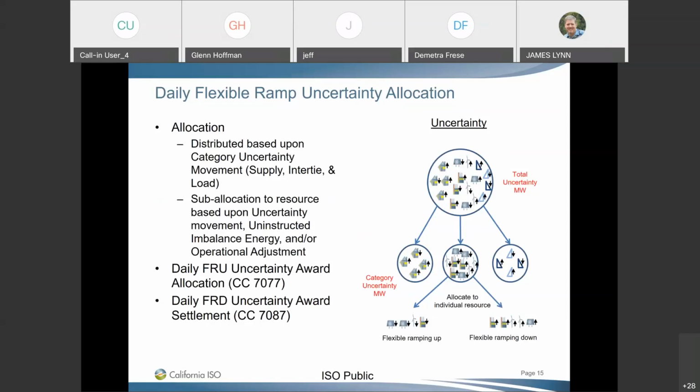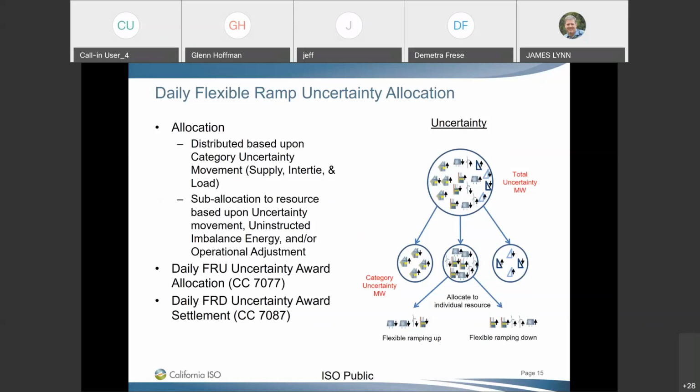Once I've gotten into a bucket, I will allocate it down to resources which have contributed to the need for procuring the uncertainty. So in this case, for generation, it would be undirected imbalance energy, negative undirected imbalance energy. In other words, you're metered less than you were dispatched to, plus any uncertainty awards or megawatts that we determine from the market from that advisory to binding.